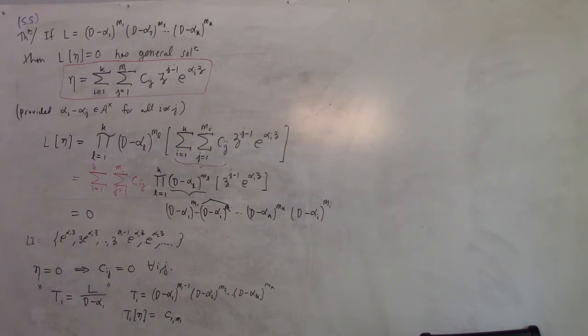Let me find the equation; there it is, right there, number 63. So it gives you C1M1, and then you get alpha 2 minus alpha 1 to the M2, alpha 3 minus alpha 1 to the M3, and so forth and so on.